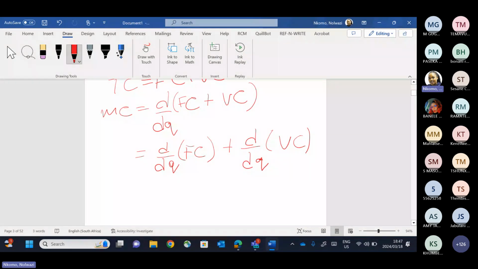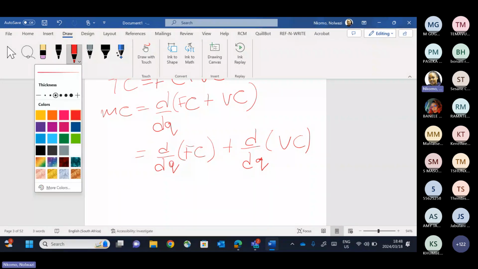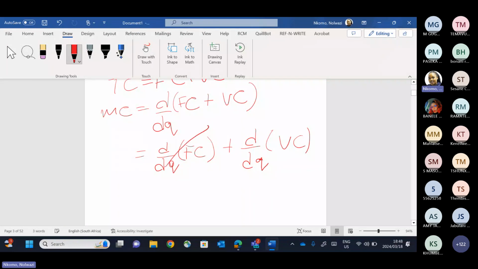Talking about the fixed cost, we know that a fixed cost is just a number, it's a constant. Since the fixed cost is a constant, this part is out because it is equal to 0. My pen stopped working.